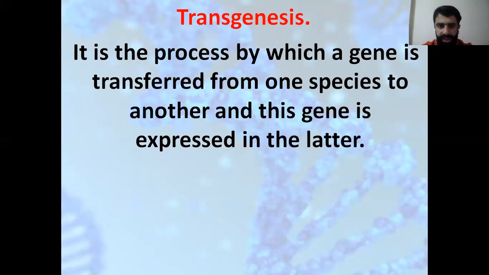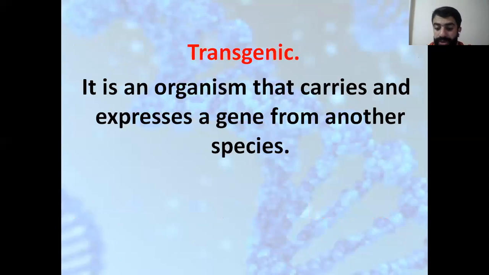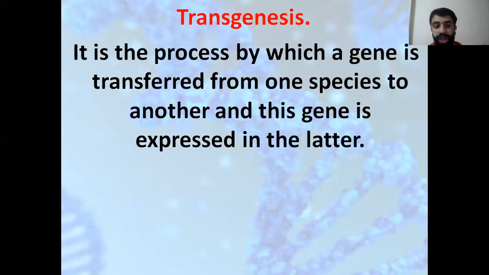What is the meaning of transgenesis? Transgenesis is a process where a gene is transferred from one species, for example, from a fish to a mouse, from a mouse to a dog, from a dog to a cat, from a human to mice. So this is a process by which a gene is transferred from one species to another, and this gene is expressed in the latter.